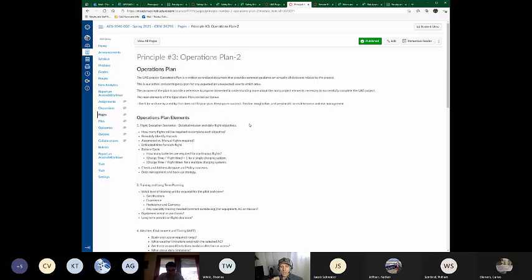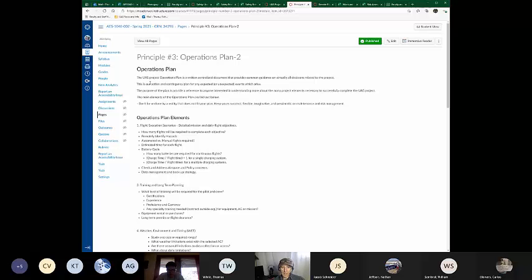So the operations plan is really about the days that we're going to be in the field, either preparing to fly or actually having the UAS in the air conducting the missions. The operations plan lays out all of that.